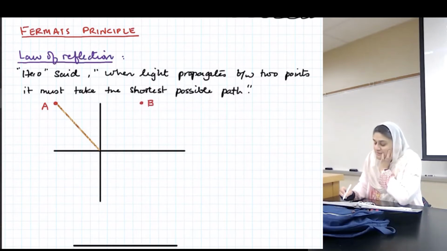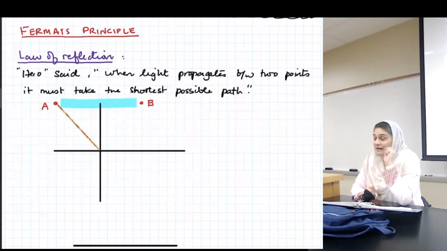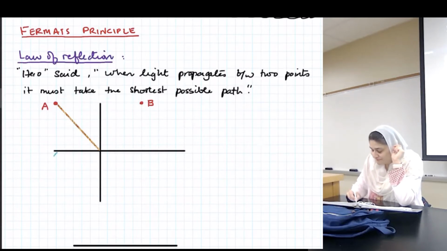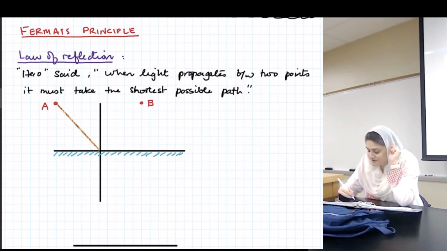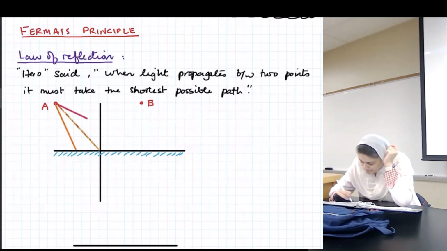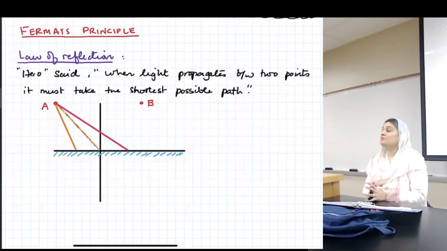Well, the shortest possible path, shouldn't it be this one? But imagine it can't do that. So it has to have this reflecting surface here that it can take. But which path will it take? Will it take this path or red, that path? Which path will light follow?